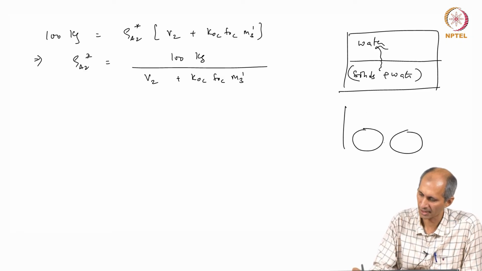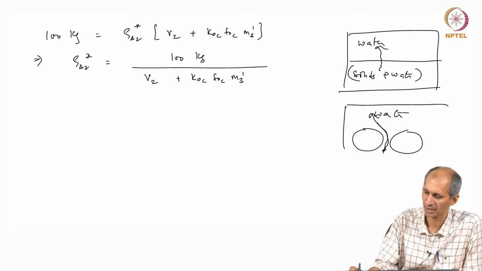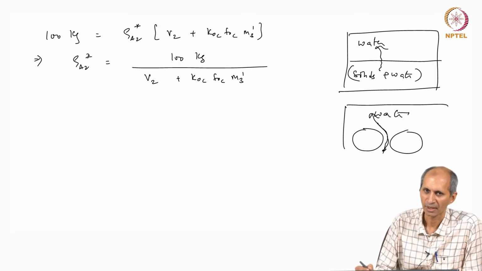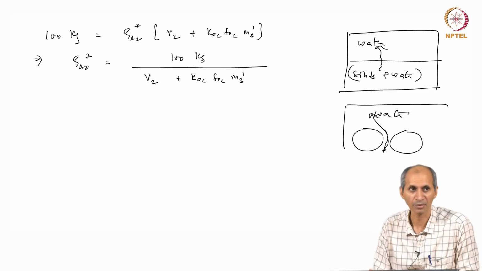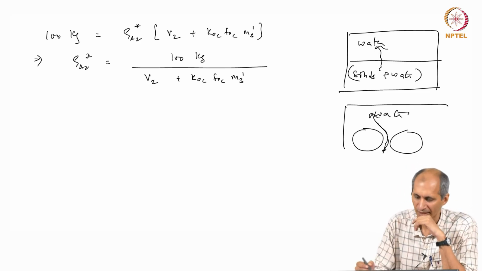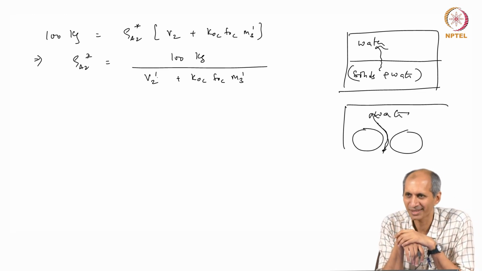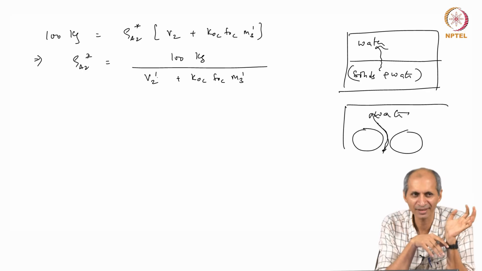The solids are here and there is pore water here, and this pore water is connected to the water on top of it. So, material that is here can travel here, material that is here can travel here. When we are saying it is equilibrium, we are truly talking about equilibrium between the water and this thing. So, I have to write this water as the water that is inside the pore also.